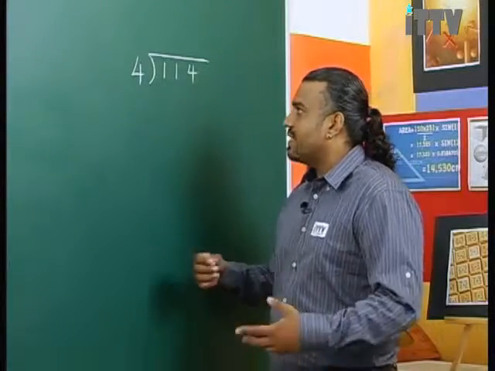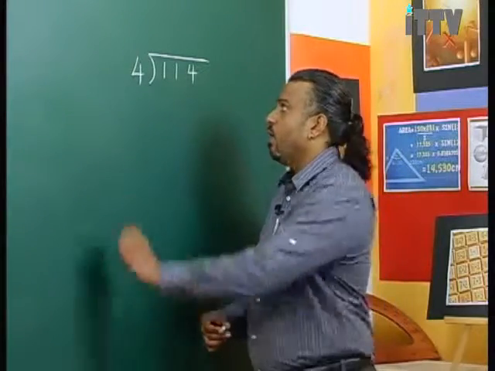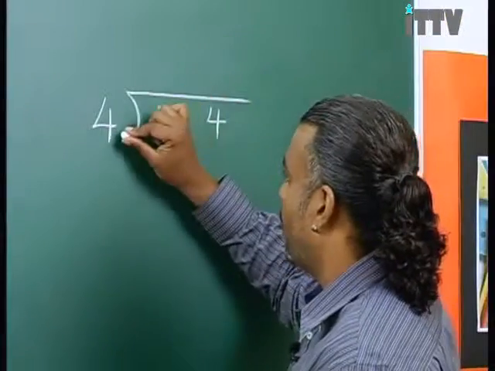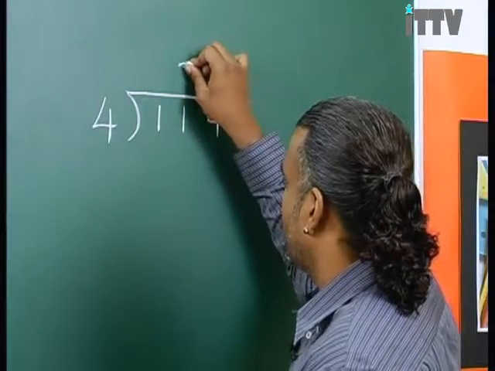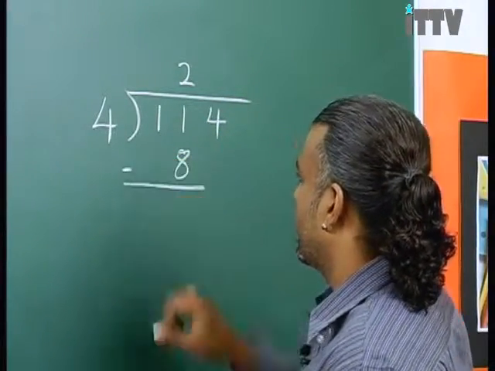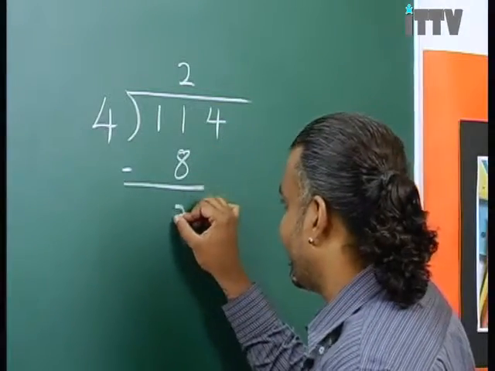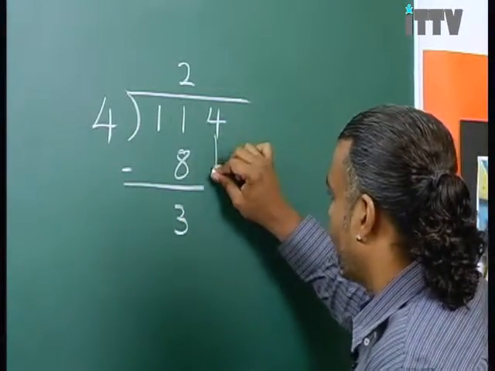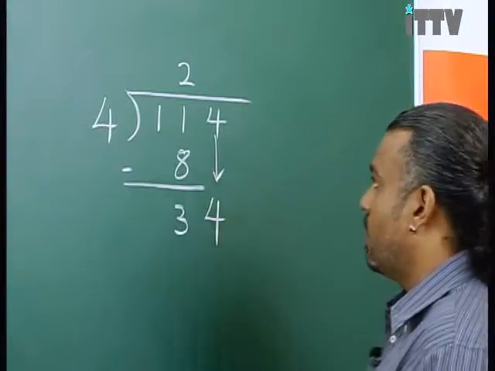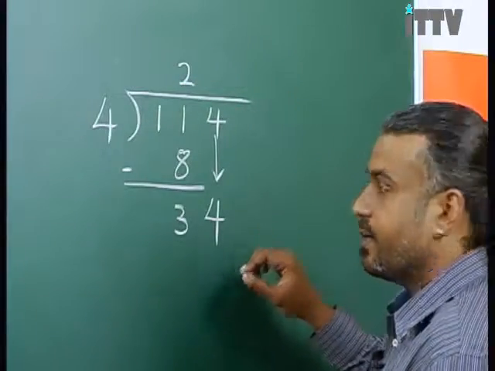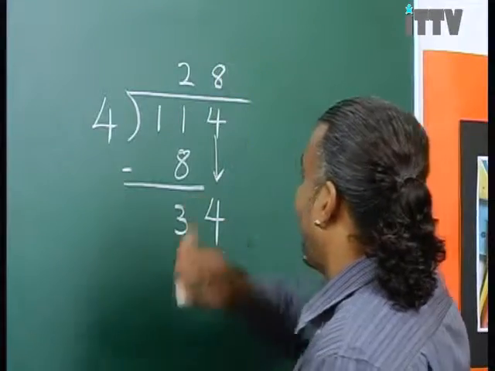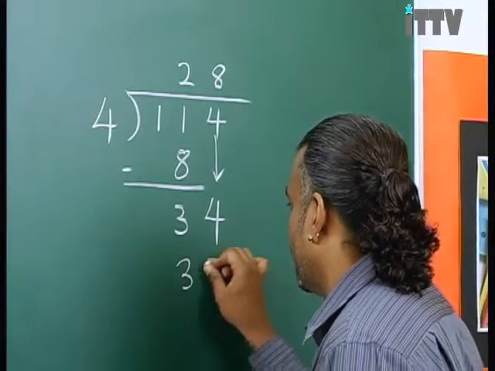But just for the fun of it, let's see whether this is true or not. Let's divide it. 4 multiplied by 2 gives you 8. There is a remainder of 3 over here. We'll bring down the digit 4, 34. Now 4 multiplied by 8 will give you 32.